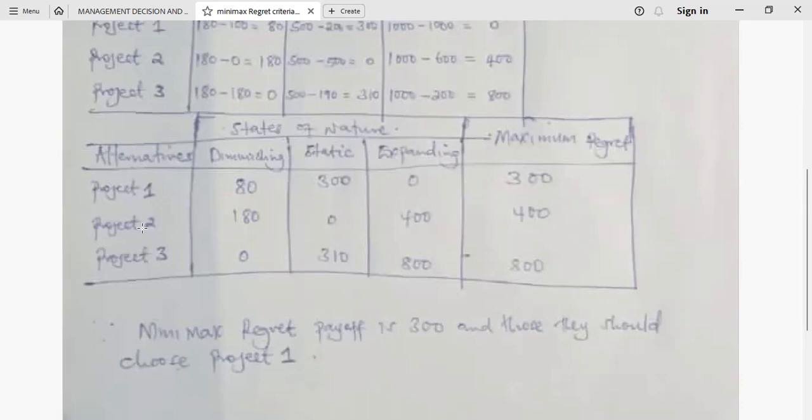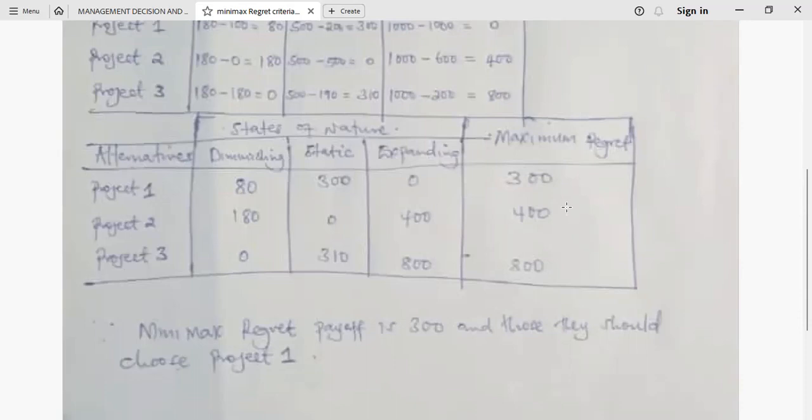When you are done with that, you go to project 2. You pick the highest, which is 400. You go to project 3, you pick the highest, which is 800. Now, what we are left with is the decision point. We make it from these maximum regrets. It helps us determine which project to undertake.